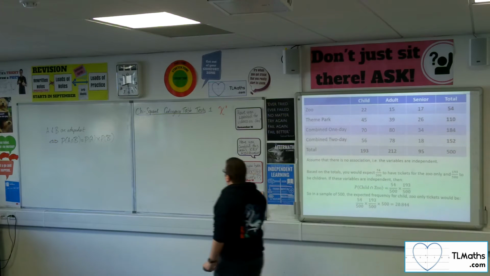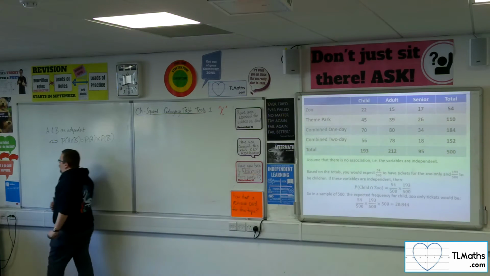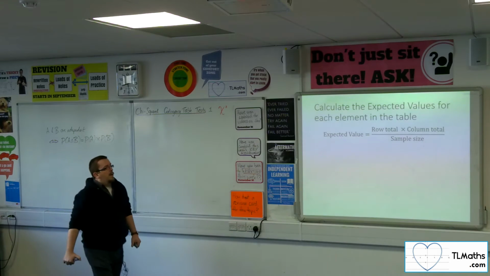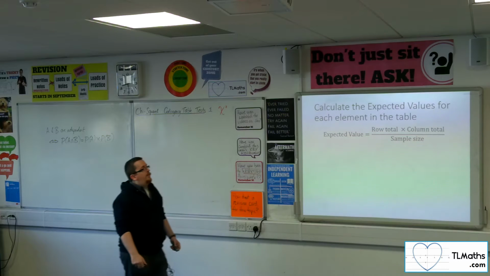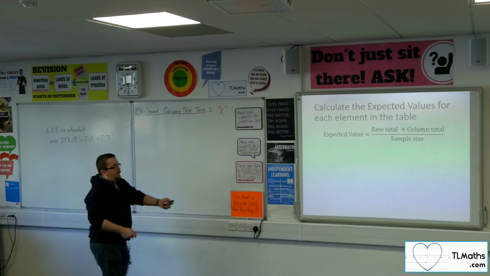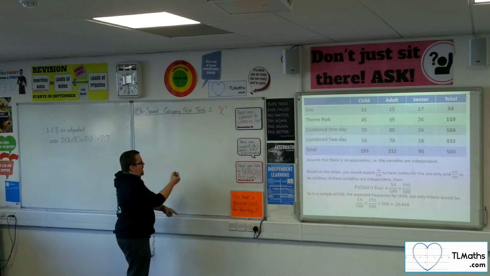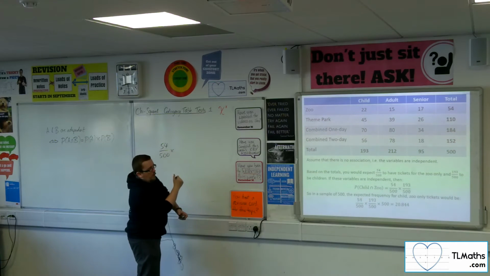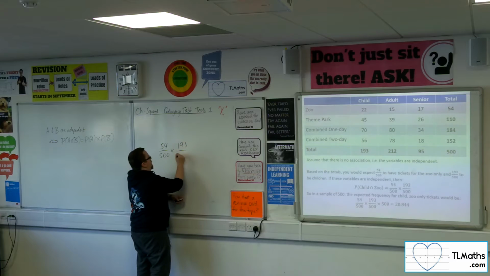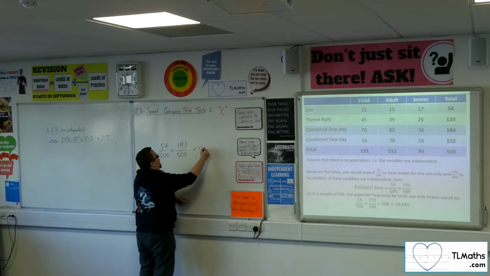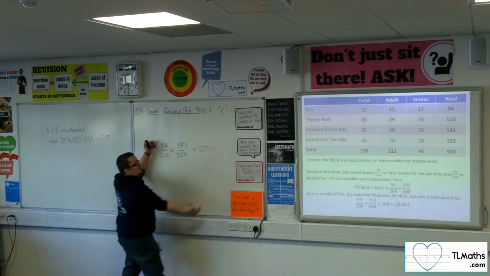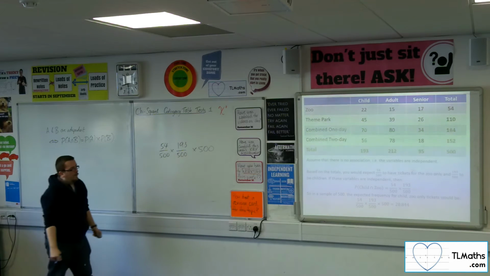Okay, so how we work out that expected value in a quick way is using this formula. From before, we had 54 out of 500 times 193 out of 500 times 500, because that gives you the probability, that gives you the expected number out of the 500.